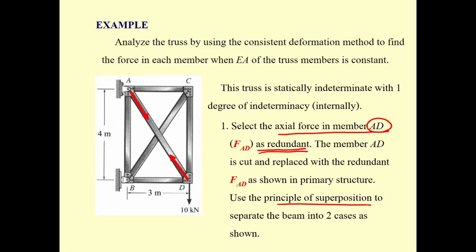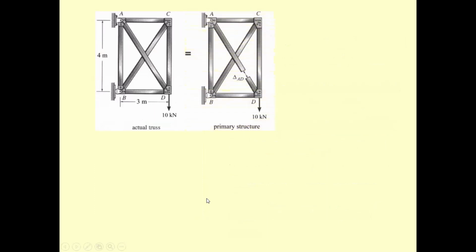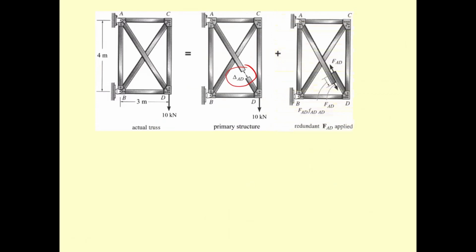Draw two more trusses, but that truss will have no member AD. You got to take the member AD out, cut it, no member AD, and then you got to put the F sub AD as the redundant force.